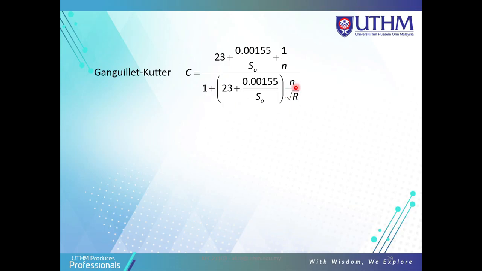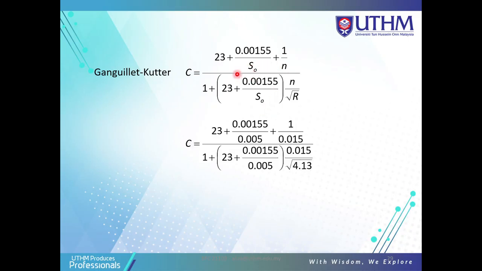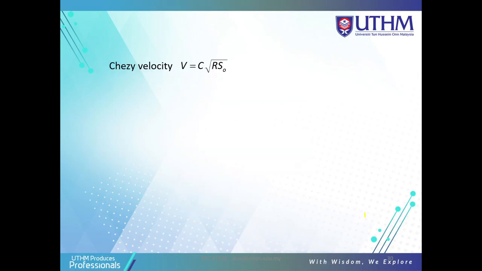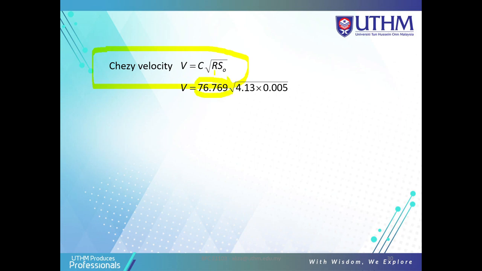If in your test 1 or your final, you just use this one to get the C. Just put all the values in this formula, so you get the value of C. After you get C, use the Chezy formula to get the velocity. Put the value of C from the Ganguillet-Kutter formula into this equation, and you get the velocity is 11.03 meter per second.